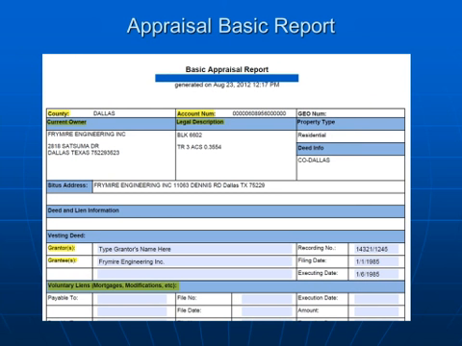So once we've selected certain information and we want to pull that into what we call an appraisal basic report, that's what you're looking at here on the appraisal basic. So what you're looking at is the current owner's name and whatever their mailing address is. Also the tract number and the block number. Also you would see the lot and block number and section number sometimes. Also the account number. And if you're looking down below, you'll also notice that you have the ability when you create a basic report to be able to type in the seller's name and the buyer's name, that is the grantor and grantee.